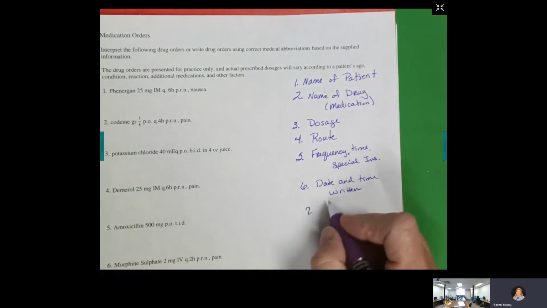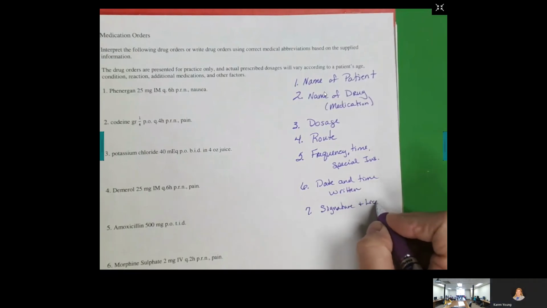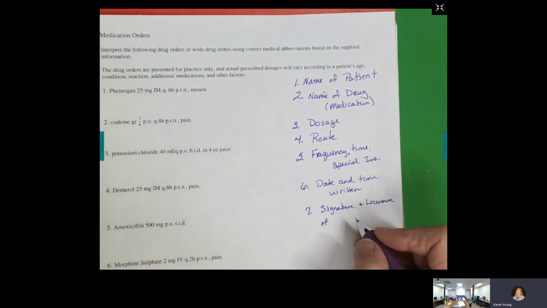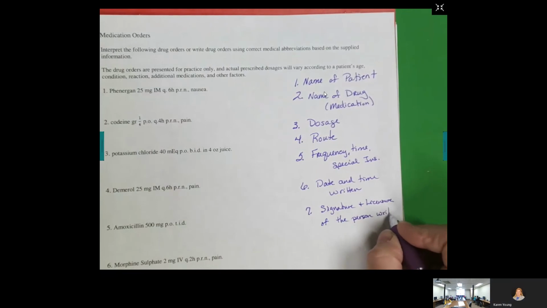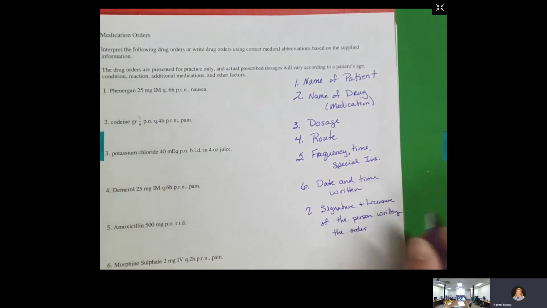And then the 7 is that you need a signature and license of the person writing the order. So that's the 7 parts.